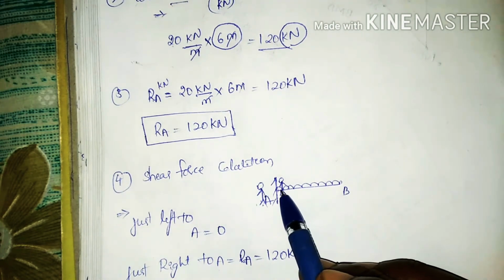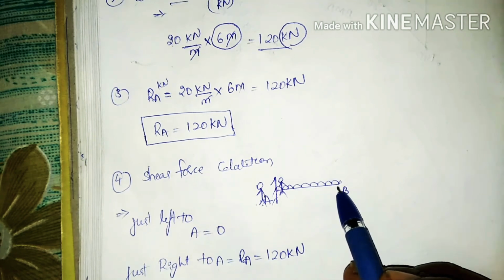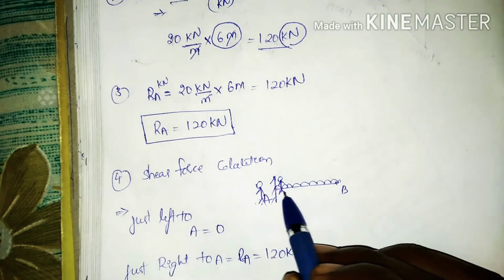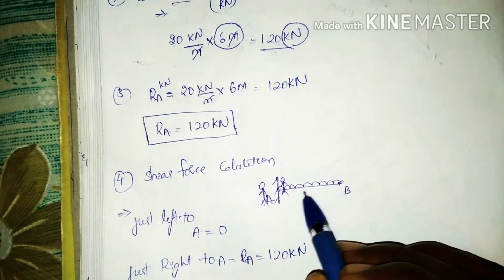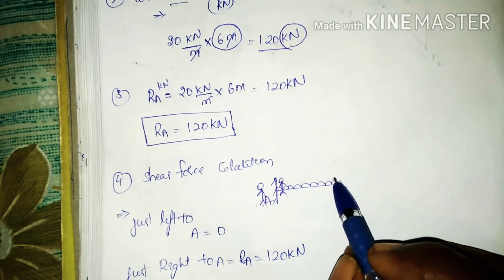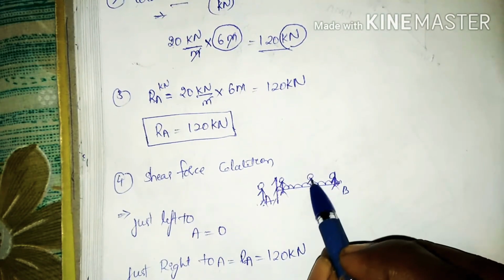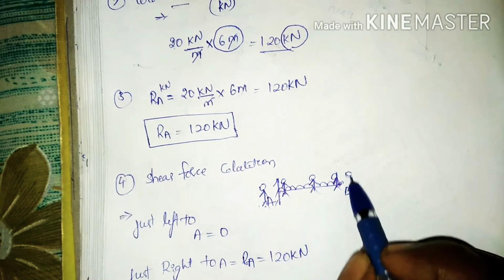And the UDL is acting over the entire section. Up to here, the load is uniform with the same magnitude as RA. When I stand here, the same load is going to act here. At B, just left of B, I find the same uniformly distributed load. The same load is going to act here.